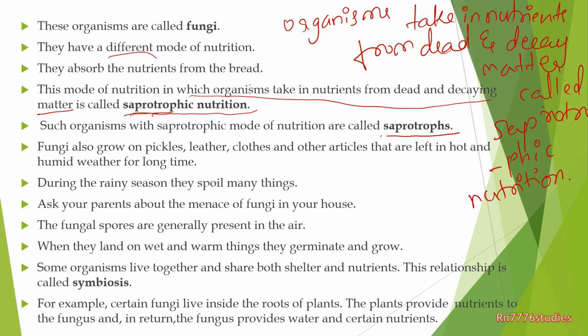This mode of nutrition is called saprotrophic nutrition. Now we know what are autotrophs, what are heterotrophs, what are insectivorous plants, what are saprotrophs. These are called saprophytes basically.